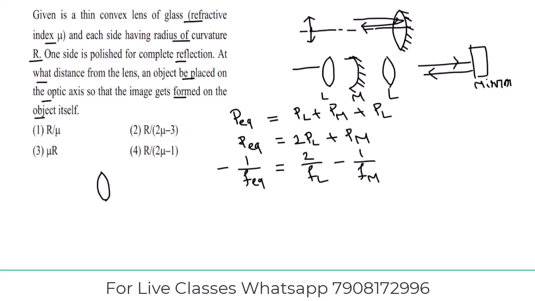So minus 1 by F is equal to 2 by FL minus 1 by FM.